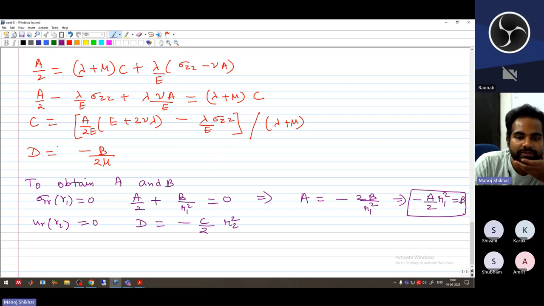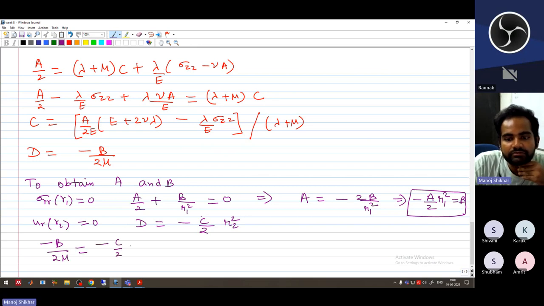So we know the expression of D, we know the expression of C. We have to replace, so you replace D from here, minus B by 2 mu equal to minus C by 2 into R2 square. And we can also replace the expression of C here.